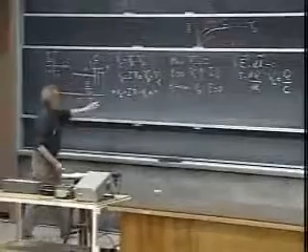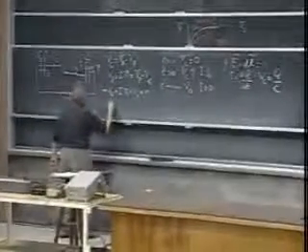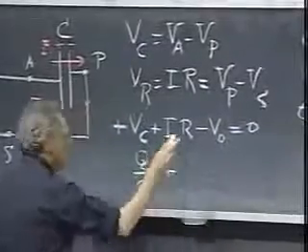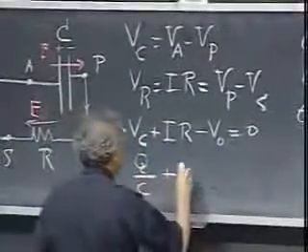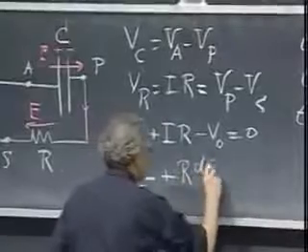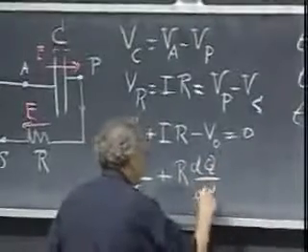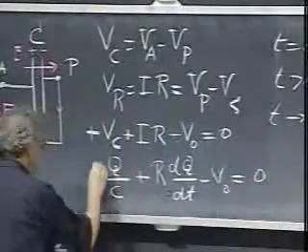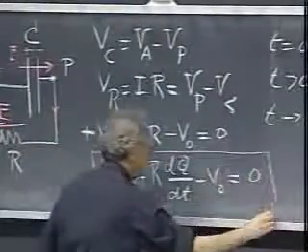And so I can write down Q divided by C for V of C, and dq/dt for I. So I get R times dq/dt minus V0 equals 0. And this is a differential equation in Q.